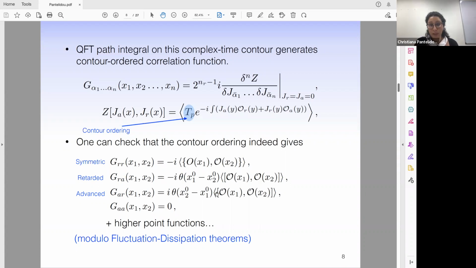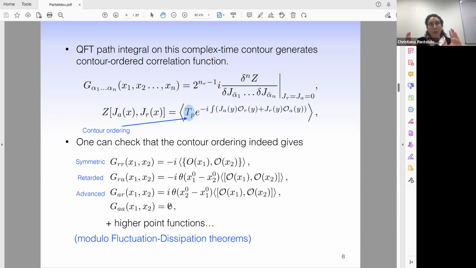And both of these are essentially given by the commutator of the two operators. And essentially, they are, as you would expect, related by time reversal. And last but not least, if we take two variations with respect to JR, we get GAA, which turns out to be trivially zero.